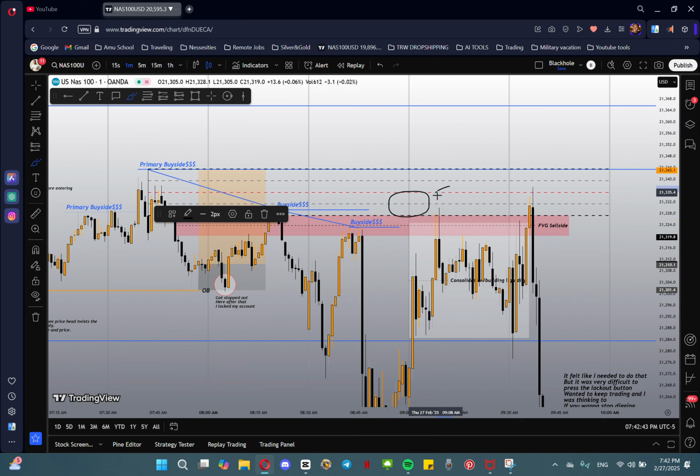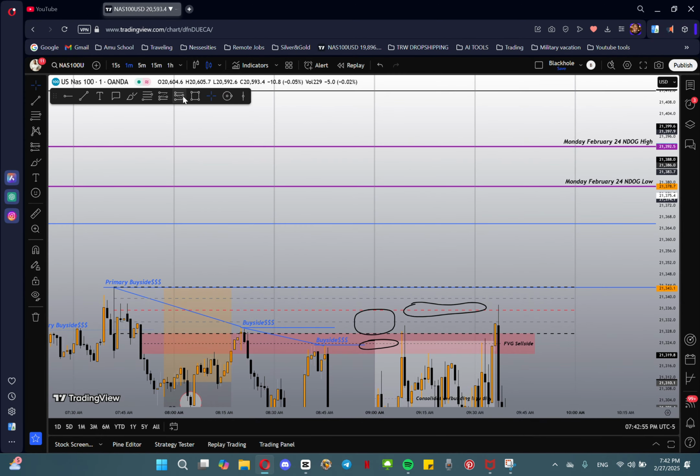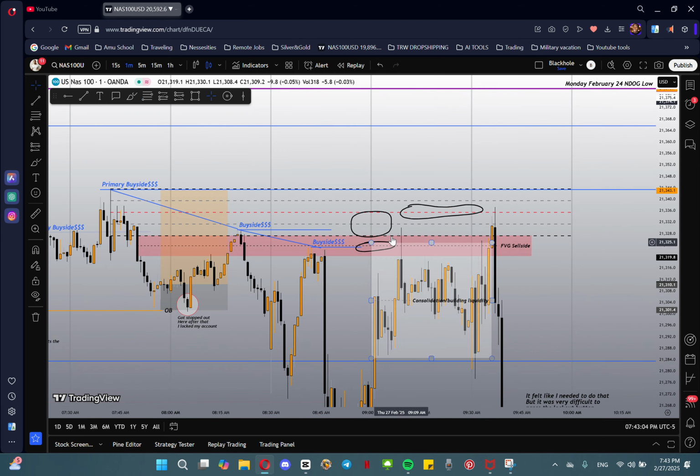Consequent encroachment is the red dotted line, basically the middle of the measurement, or even the fair value gap. If you just take the measurements and find the middle of it, there's your consequent encroachment. And then the gray lines identify what section you're in, top or lower.